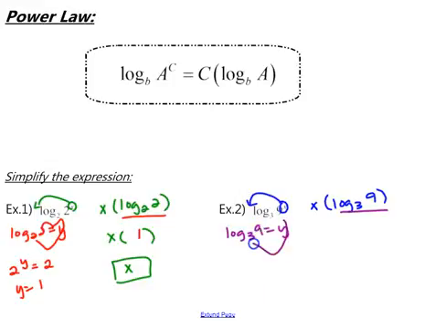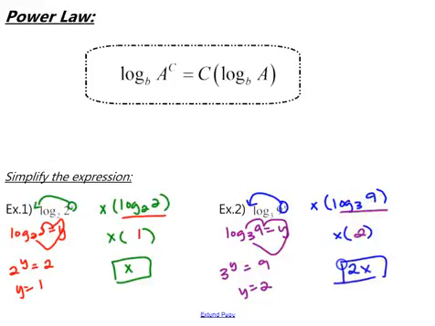And then let's convert. And 3 raised to the second power is going to equal 9. So that means all of this here is equal to 2. So x multiplied by 2 gives us 2x. So this is how we're going to simplify expressions using the power law.